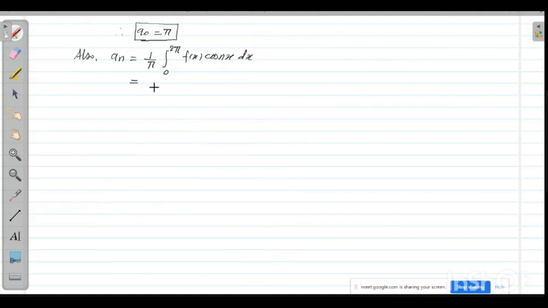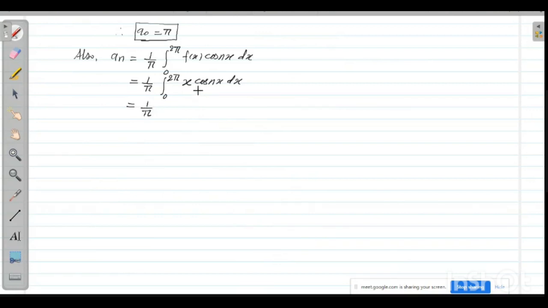So this is equal to 1 upon pi integration of limit 0 to 2 pi, but f of x is your function x, and we write cos n x dx as it is.